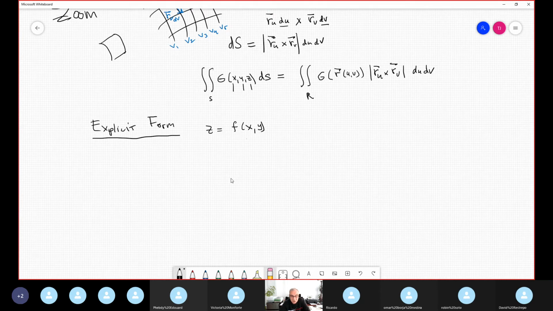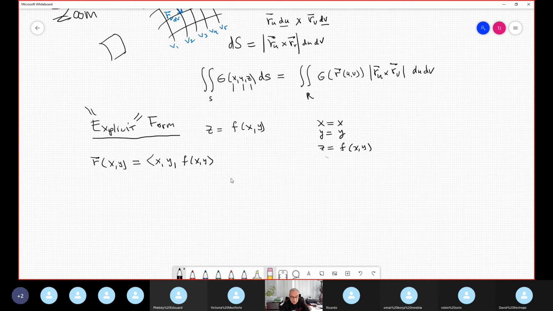Well, okay, we can parameterize using x and y. It's natural, it's Cartesian. Then I assume that x is x, y is y, and z is equal to f(x, y). Okay, now I have a vector-valued function, not in the super elegant way, but in explicit form, which is <x, y, f(x, y)>.